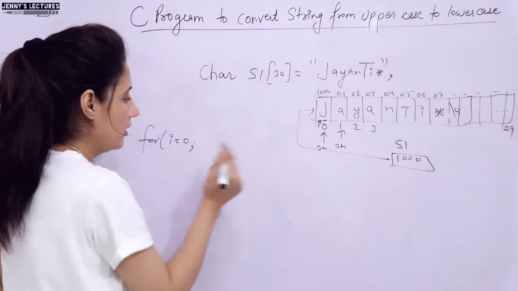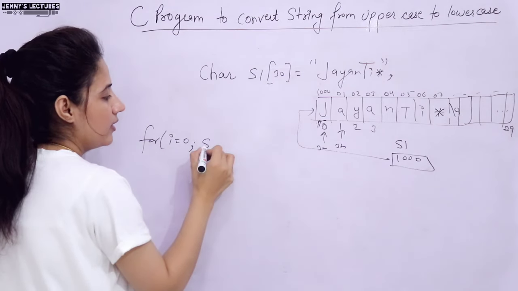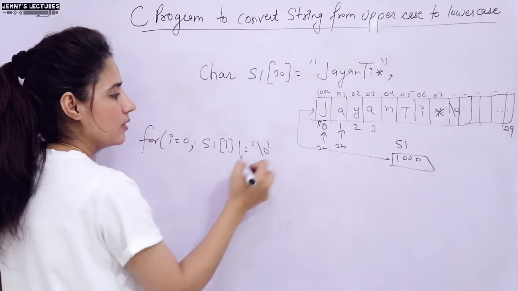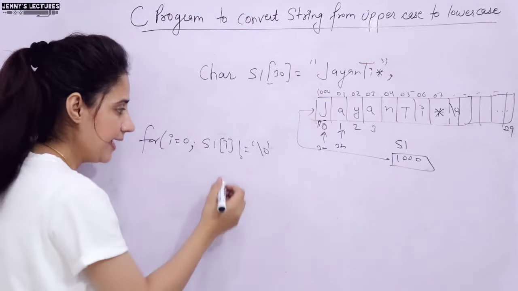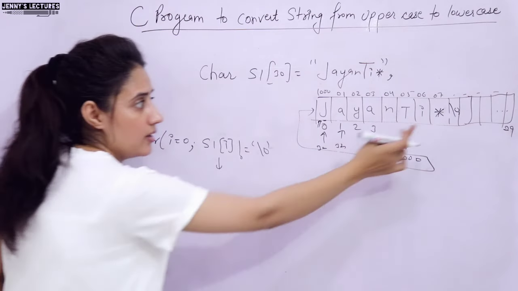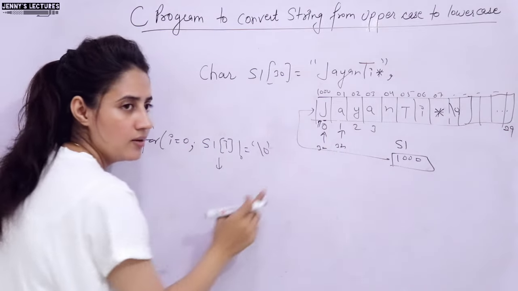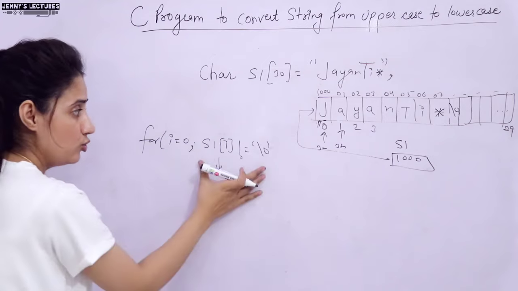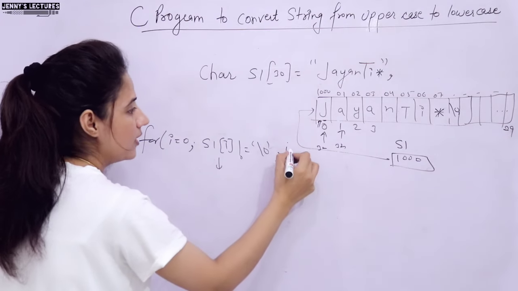We are going to check the string character by character. So the condition should be S1 of i not equal to null. Till then we will enter this for loop and do some modification. As soon as we reach null, exit the for loop and just print the modified string, right? So this should be the condition, and i plus plus.